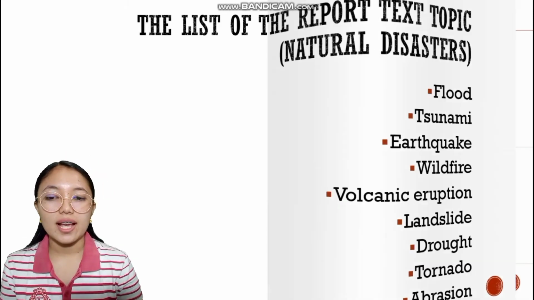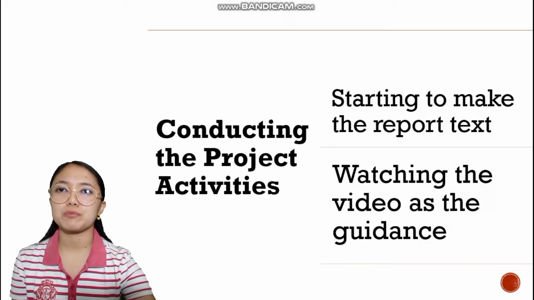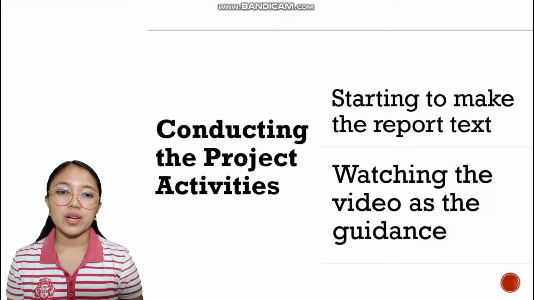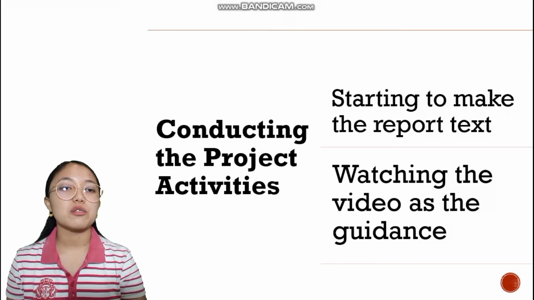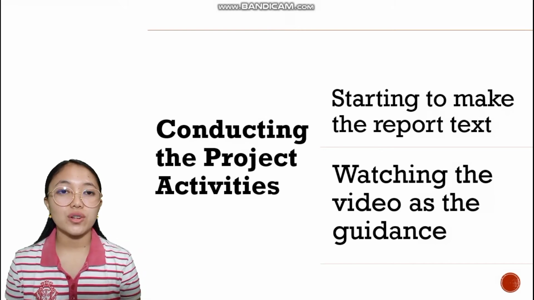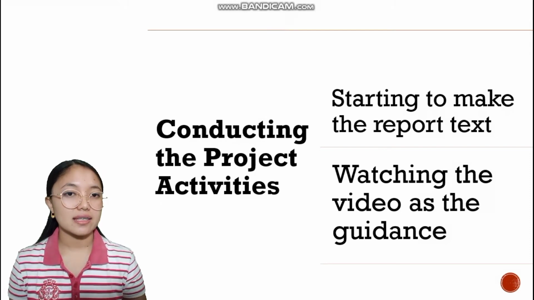And the next is conducting the project activities. At this stage, you have to implement the activities designed in the previous stage, same as what I explained to you before. So you can start to make report text in this step.